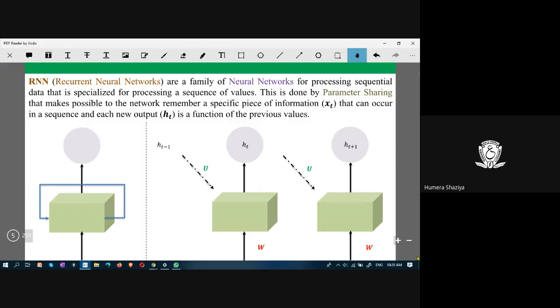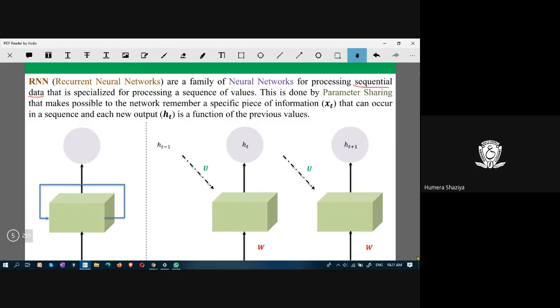Here, recurrent neural networks are a family of neural networks for processing sequential data. Convolutional neural network is a class of neural network for processing image data. All right, try to understand the difference. Recurrent is for sequential data and convolutional is for image data.